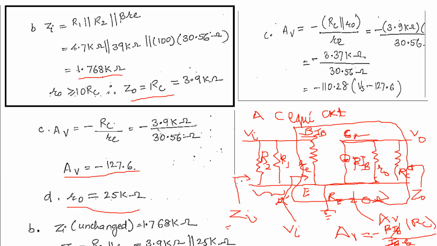This particular slide or presentation refers to problem number 1 of the voltage divider biasing network of common emitter amplifier using BJT.